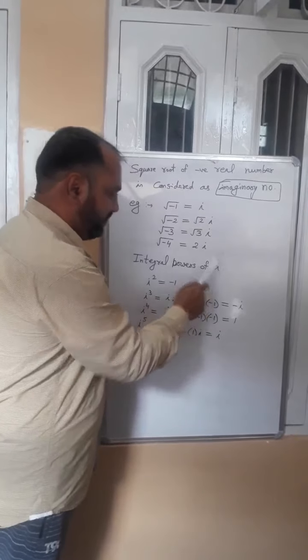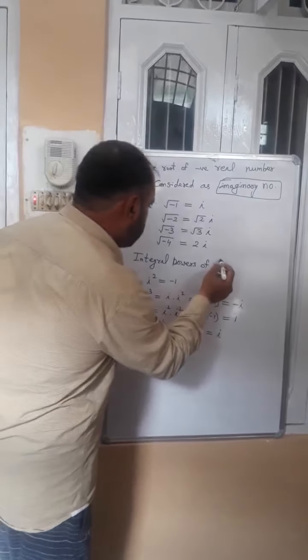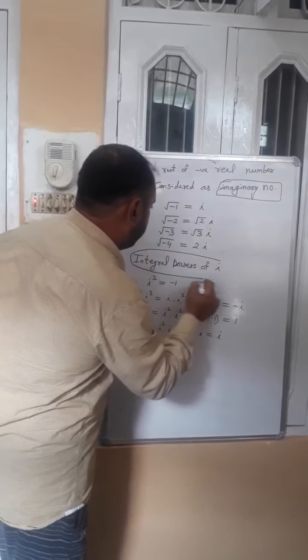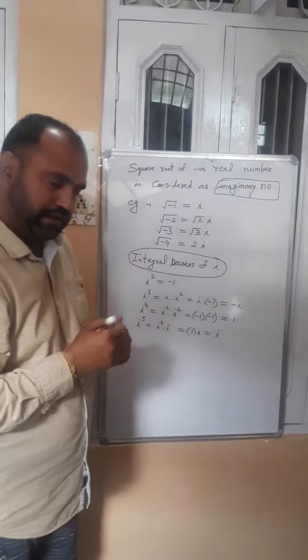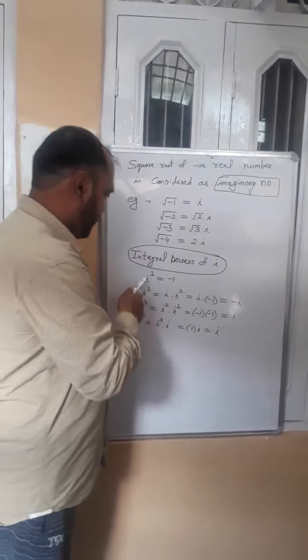Now next topic is integral powers of iota. Let us find firstly iota square. Iota square is equal to minus 1. You have to remember this.